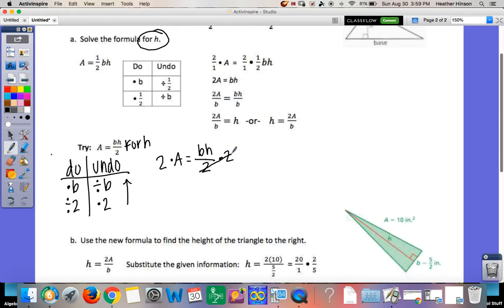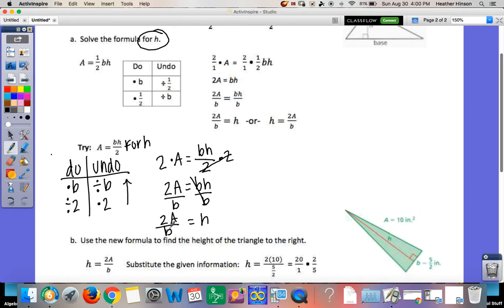So our 2's will cancel out on the right. 2 times a just brings down 2a. And then we divide by b. Cancels out on the right, so we're left with h. And then again, we can't simplify letters, so we just have to bring it down.